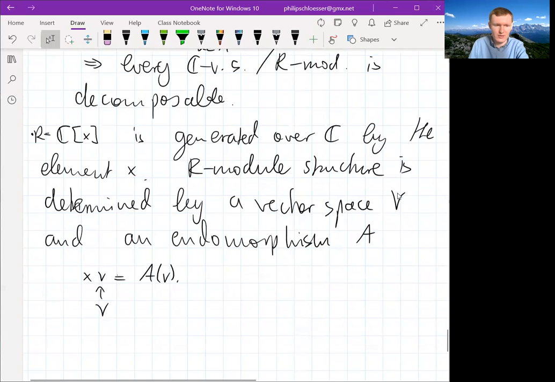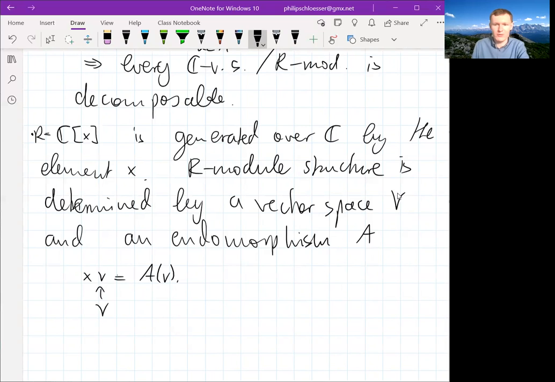And from then on, powers of x are just applying A over and over again, and so on. So this module structure is uniquely determined by the vector space and the endomorphism.